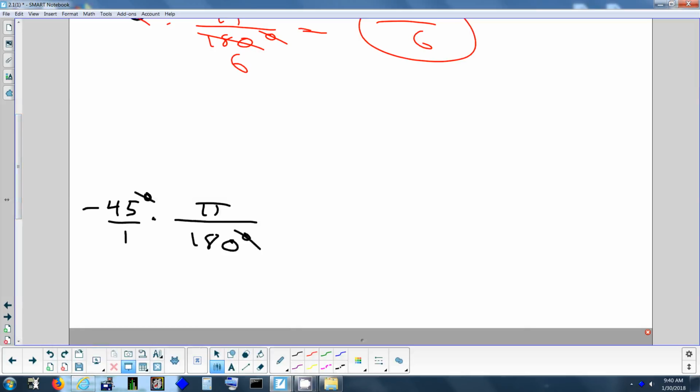Okay. And then I noticed that they could be divided by 9. Okay, so if you can divide by 5 and 9, you can divide by the product of them, which is 45. So I'll just do it in one step. So 45 goes in once, 4, and what did you get for a final answer? I got negative pi over 4. Perfect. Negative pi over 4.